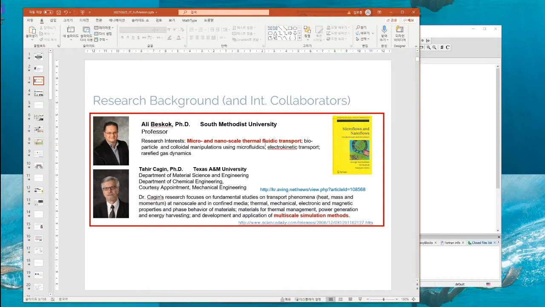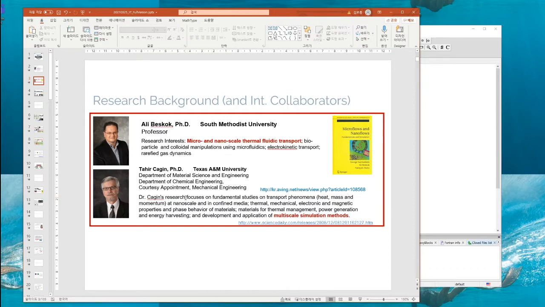He's a CFD guy, and I did my master's with the spectral element method, basically a high order CFD method as well. So I was basically doing CFD, computational fluid dynamics. But when I went to PhD, I had another advisor, actually from Caltech, who moved to Texas A&M, and his name is Tahir Cagin. He's from multi-scale simulation methods, and he has ab initio MD, molecular dynamics.